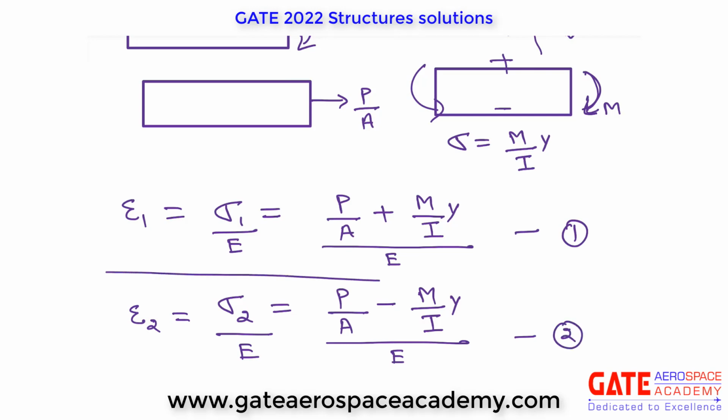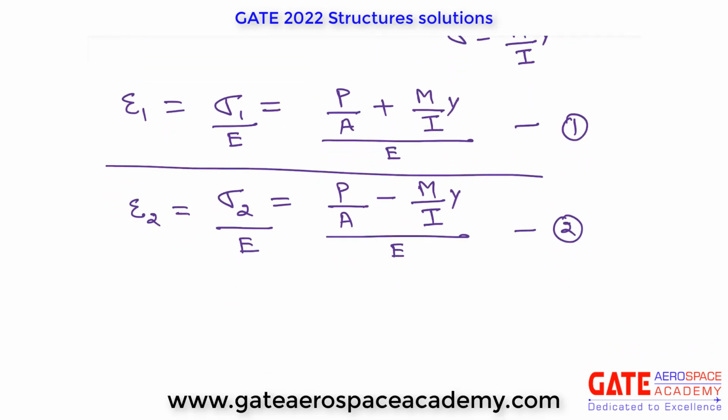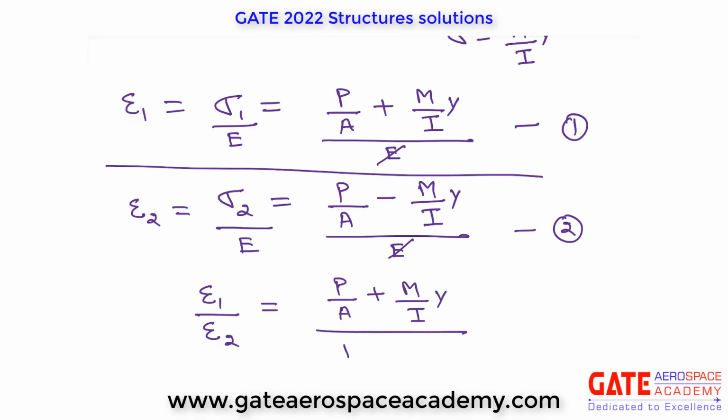Let's divide this. E and E will get cancelled out. We will get this ratio. Strain on top fiber divided by strain on bottom fiber is equal to (P by A plus M by I into Y) upon (P by A minus M by I into Y).